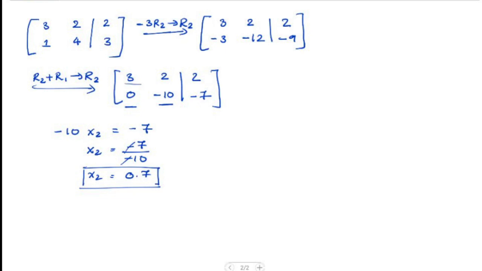So we got one value, and now we'll work out the value for x1. We'll take the first equation, which is 3 times x1 plus 2 times x2 is equal to 2.